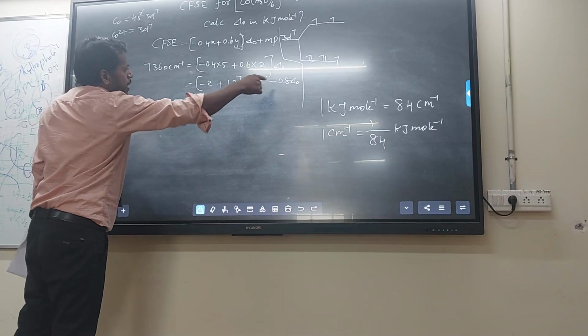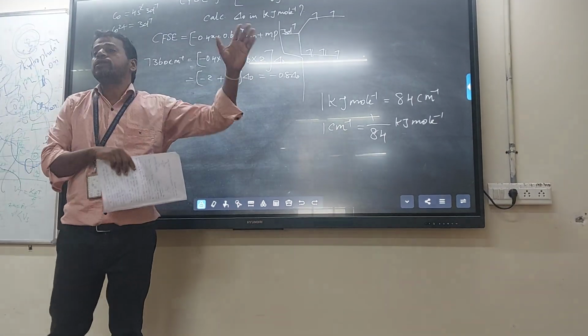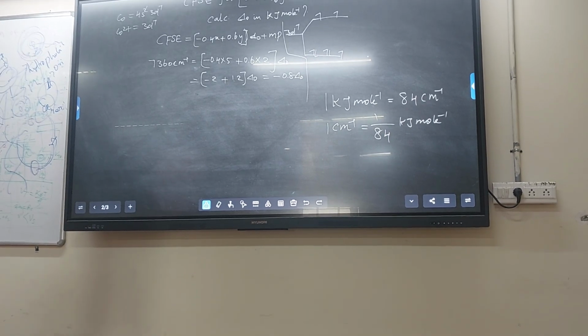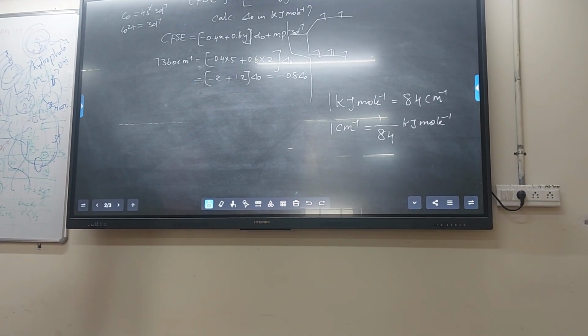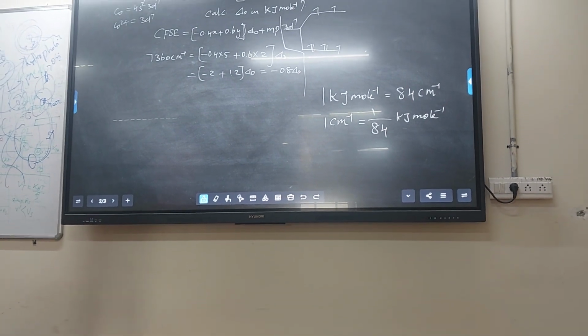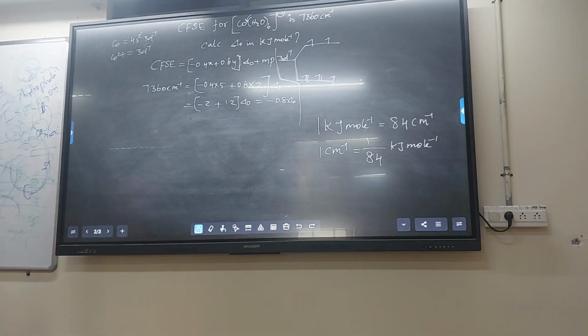Divided by 0.8. What does this minus indicate? This much lower energy. The sign indicates lower or higher. This is not a physical chemistry calculation; you can use the same minus and plus. That indicates that much energy is lower.